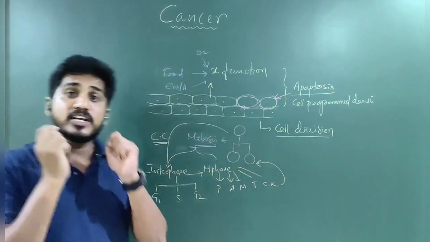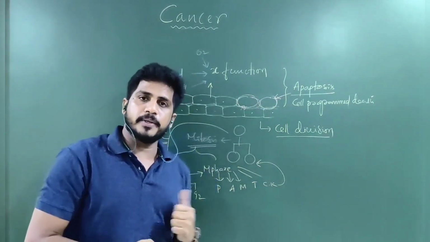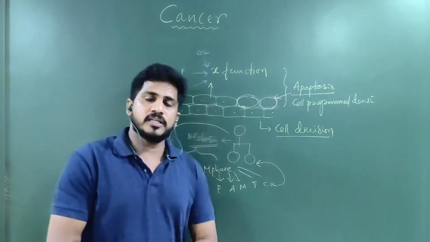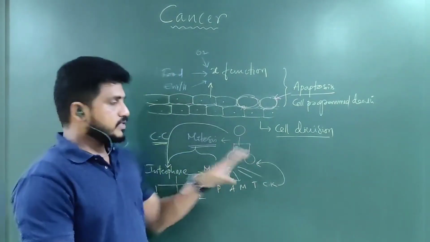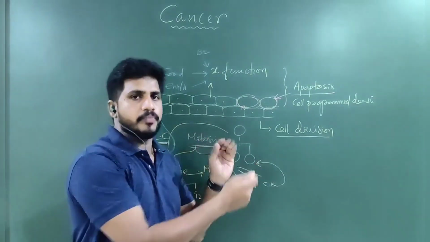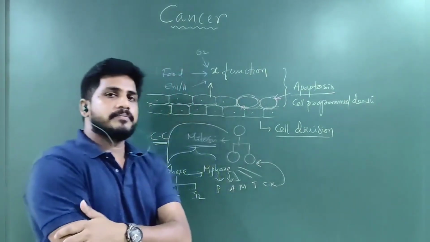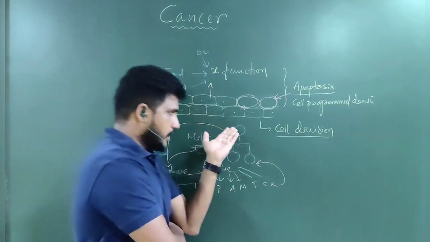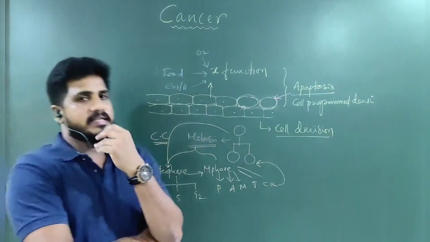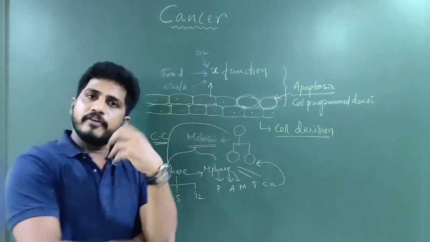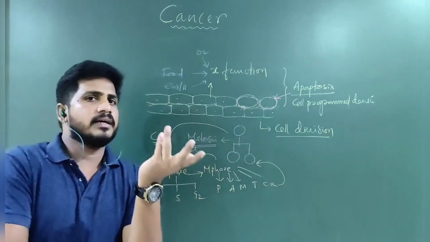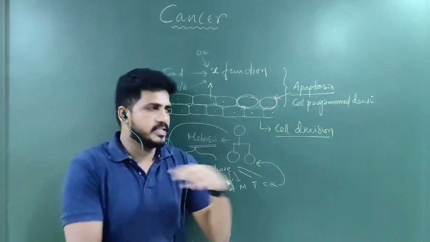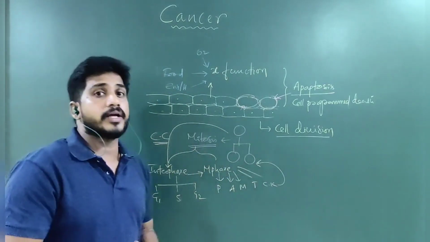What I am saying is everything is a normal phenomenon, not cancer. I have not yet introduced how cancer takes place here. This is how a normal tissue performs its function. If it is an alveolus, the function is exchange of gases. If it is a nephron, filtering of the blood. If it is a neuron, impulse conduction. This is how normal function goes on.